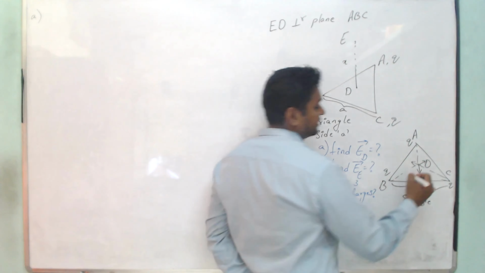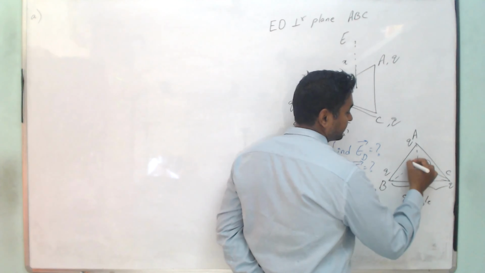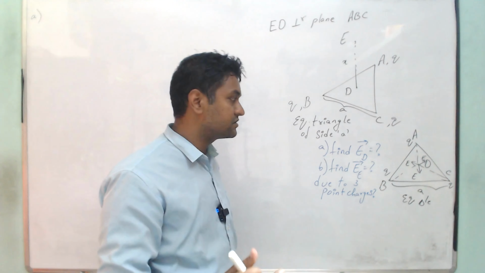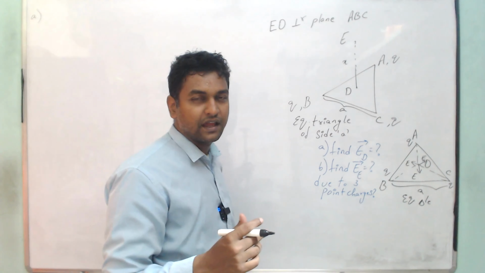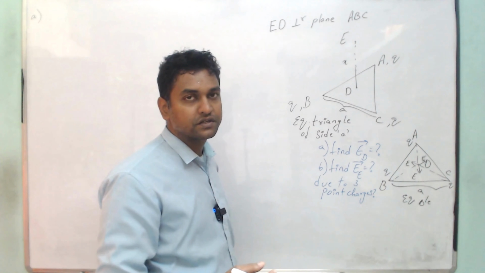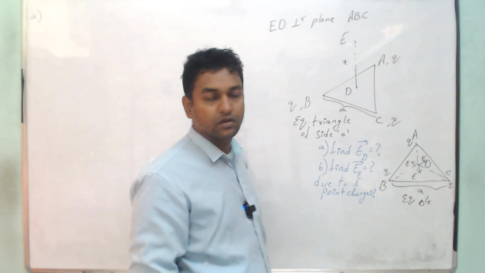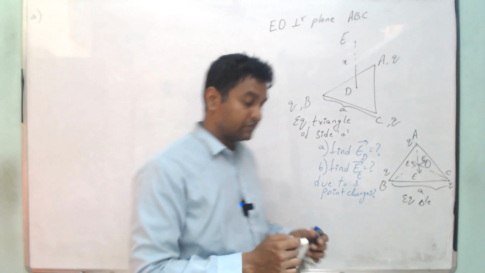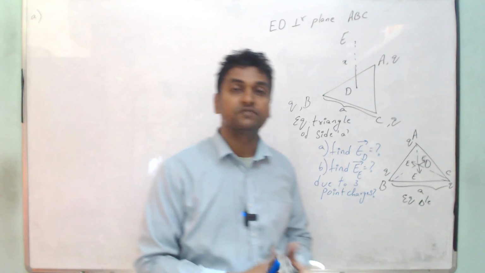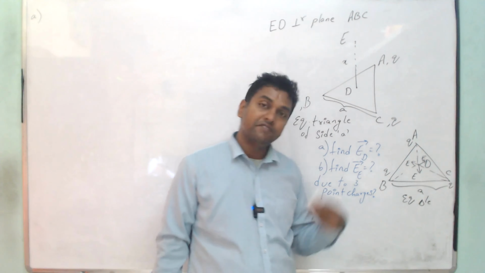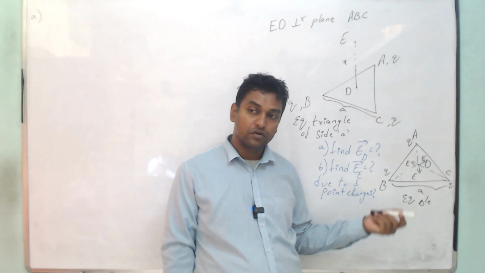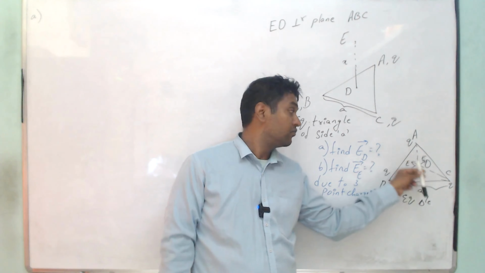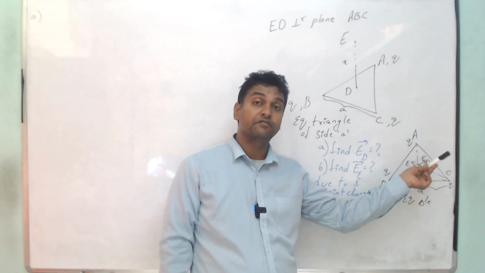If I say each one is electric field E, E, and E, we have 3 vectors making equal angles with each other, having equal magnitude. What is the angle between one electric field and the other electric field? 120 degrees.